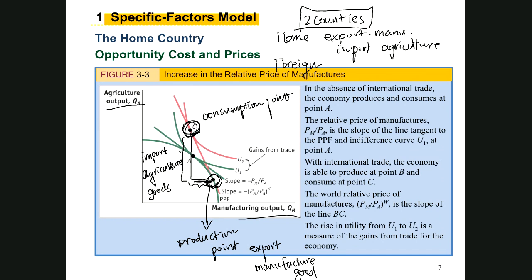You only have two countries, right? So one country's export is supposed to be the other country's import, and one country's import is supposed to be the other country's export. So the foreign country is supposed to export the agricultural goods and import the manufactured goods.